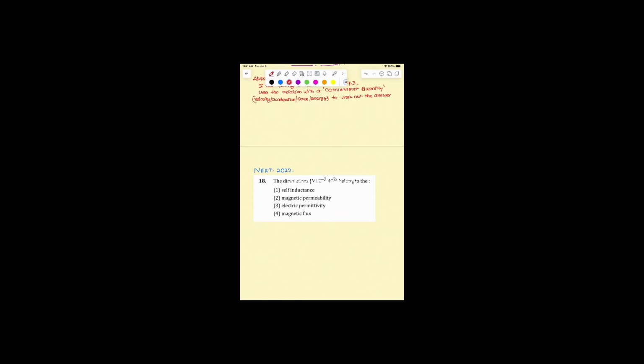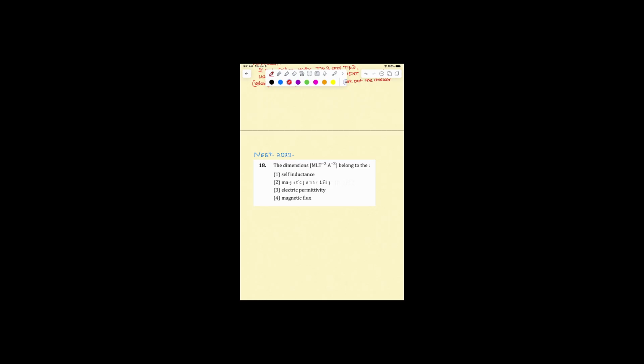Take the question which was asked in NEET 2022. The dimensions so and so belong to which quantity? Now look at it like this. Since you have already memorized this, M A L T, 1212 plus minus, this stands for mu naught.